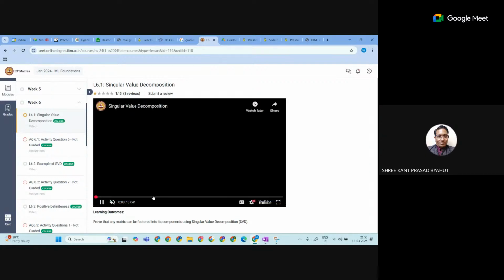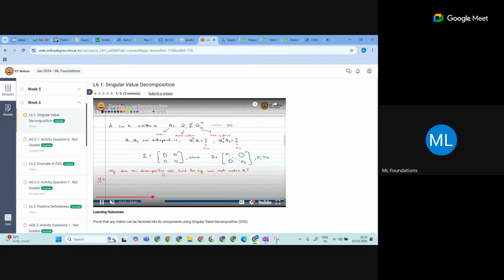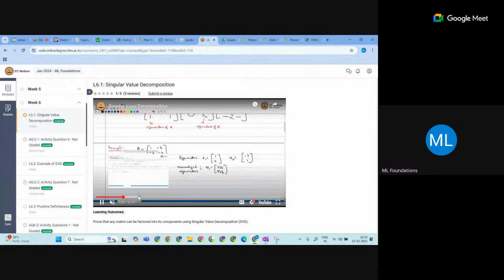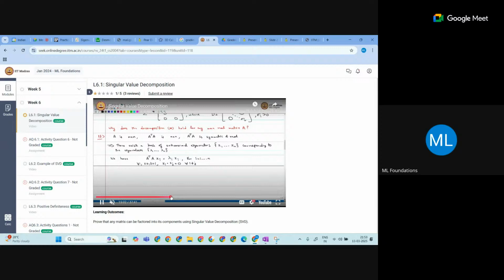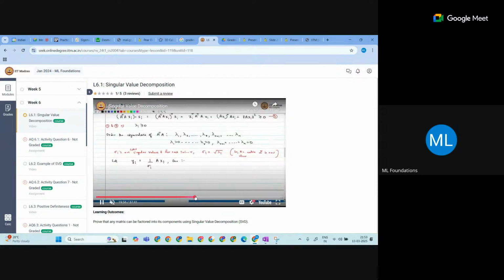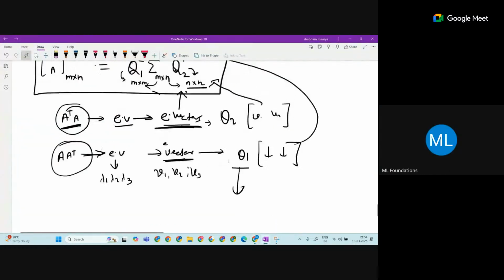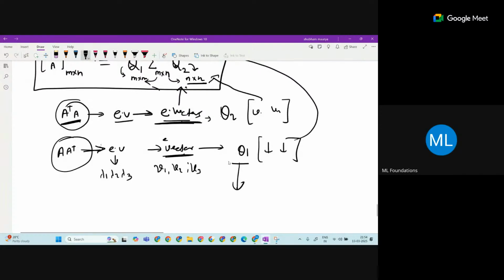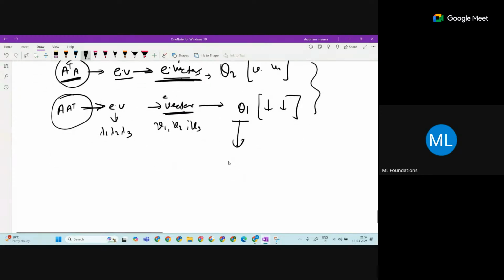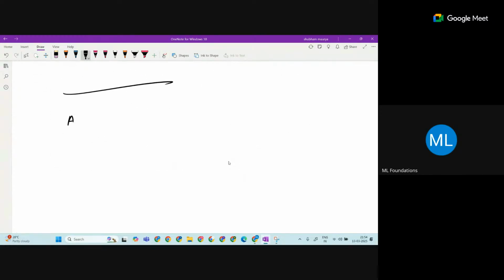Yes, this is correct. If you are not following this way, then the steps are: first find A transpose A, and find the eigenvalues and then the eigenvectors.